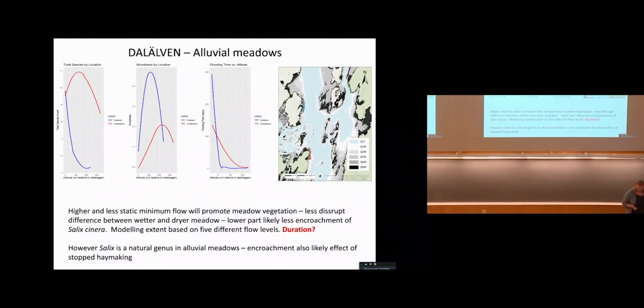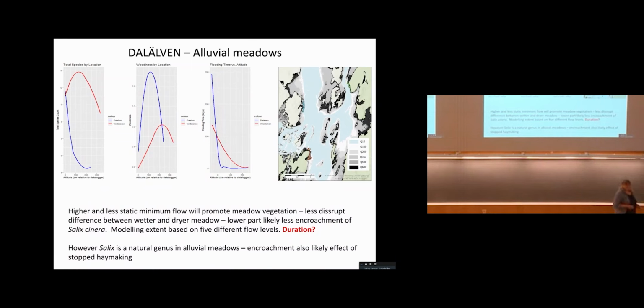And if we compare these areas to an unregulated river like Vindelälven, you can see in those graphs, the Vindel River is the red lines, and the Dalälven alluvial meadows are the blue line. The Vindel River, with its total species richness by location, behaves typically like what you expect to see: the intermediate disturbance hypothesis, a school book example.